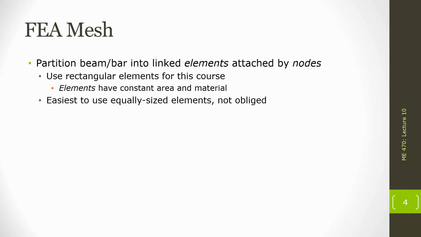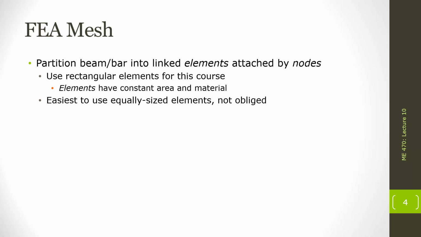And the elements that we break up our shape into do not have to be uniformly sized. We will be using uniformly sized elements in this course just because it's going to be simpler to do so, but there's no obligation to do so. In fact, we might not want to, on purpose, use equally sized elements. And this might happen if there's a part of the beam where we suspect something is going to be changing more rapidly about the stress or strain or whatever we're interested in.